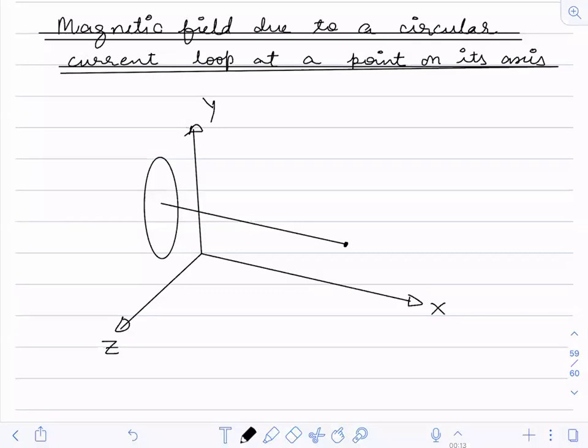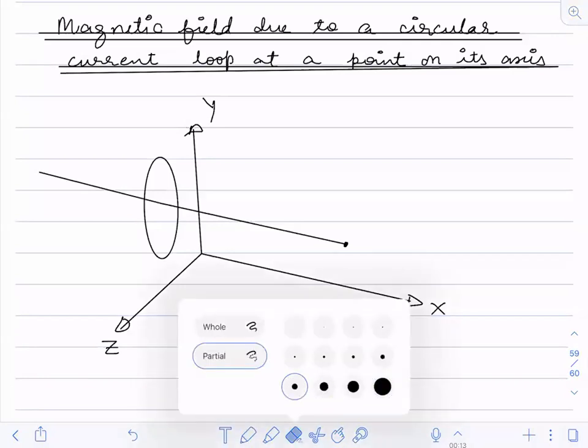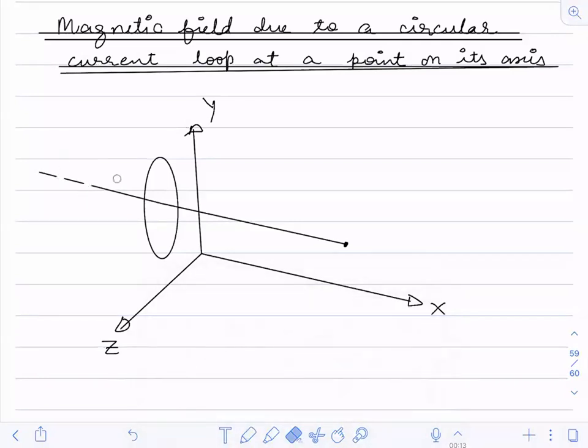Okay, this is its axis, if you can visualize this. Now r is its radius.